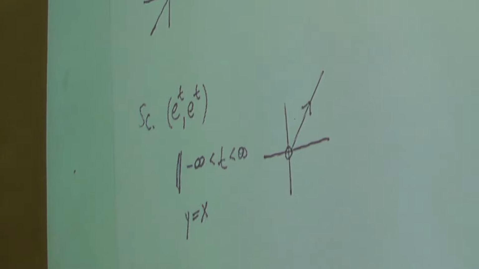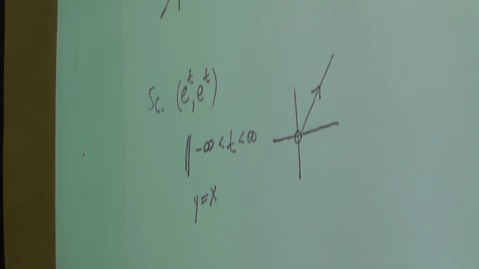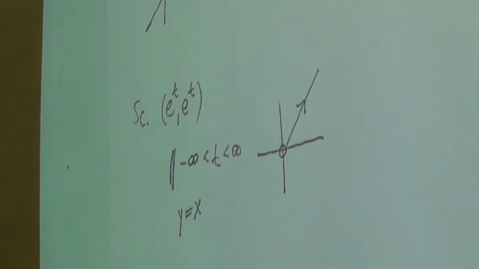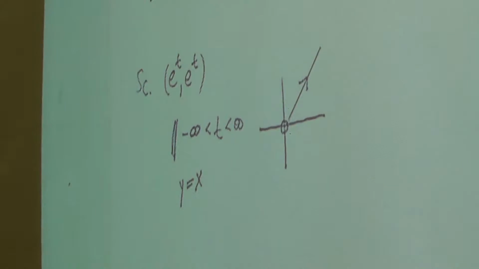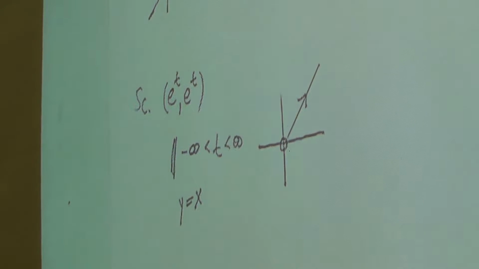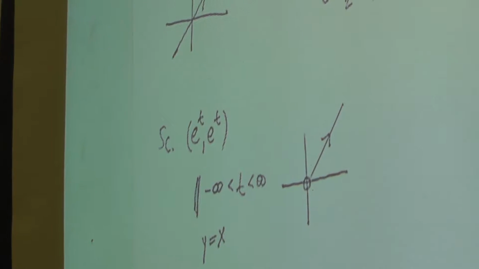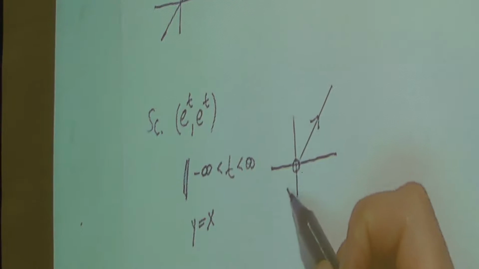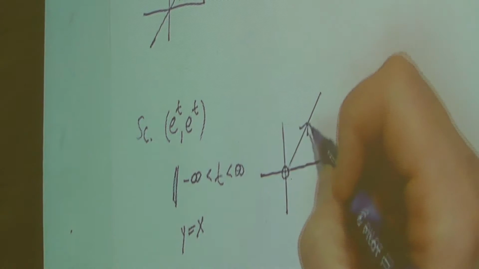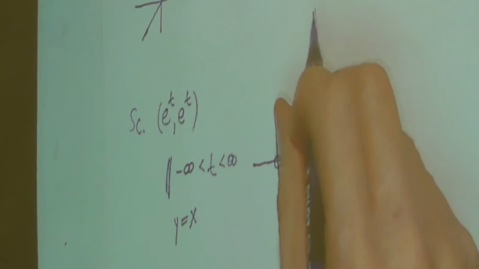So why the open circle there at the origin? Because it never actually reaches 0. E to the t has a horizontal asymptote, but it's along the x-axis. E to the t is never 0, and it's also never negative, so you don't extend down this way. And the orientation is going this way because e to the t is an increasing function.